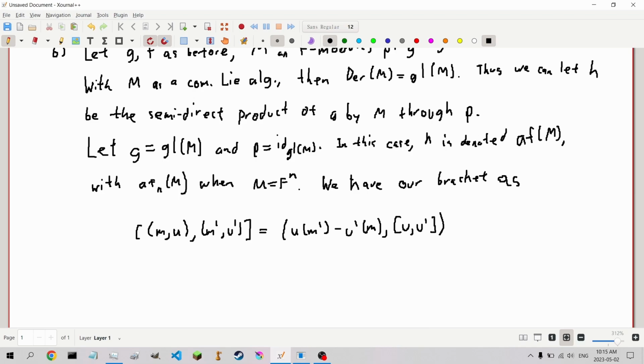Now we have a little further discussion here about the semi-direct product. Let T be a Lie algebra. I'm going to go over K because I guess these are rings, so F is going to be misleading. Oh, this is more discussion of the affine Lie algebra.